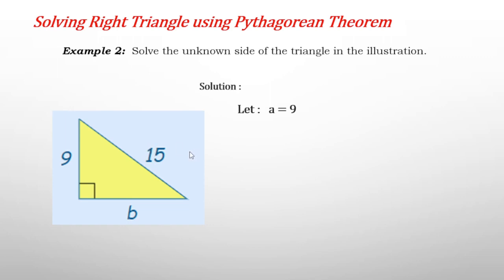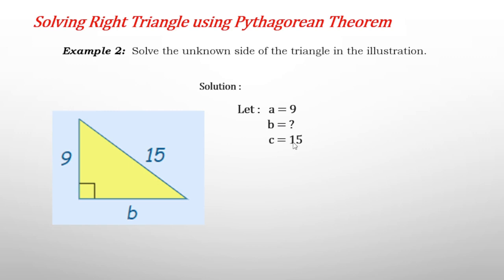What we are going to do is let A equal 9, B the unknown for the other leg of the triangle, and the hypotenuse equal to 15.